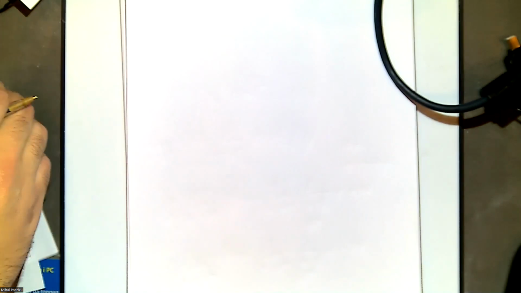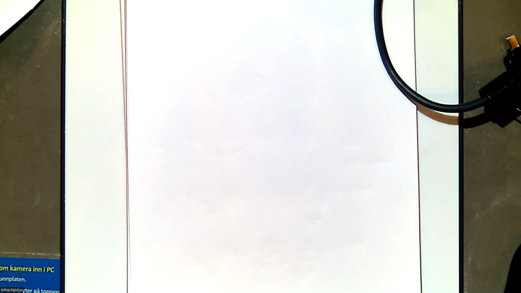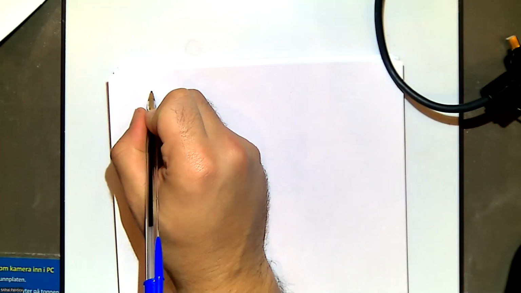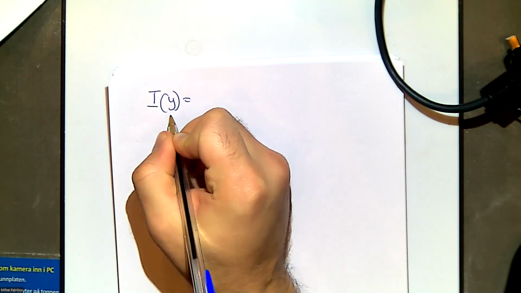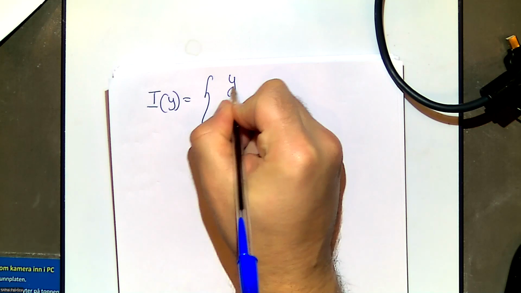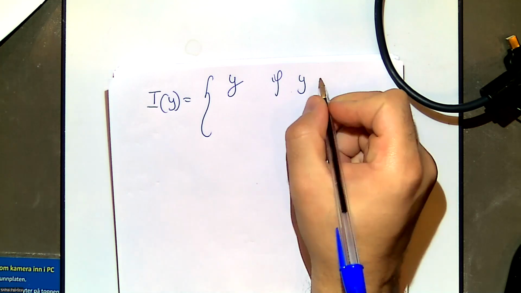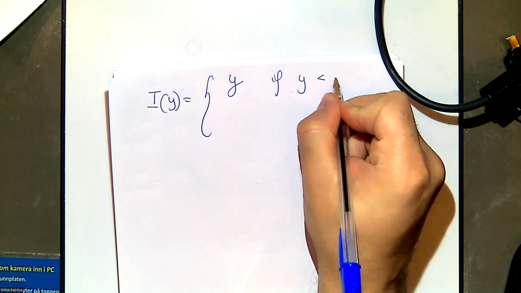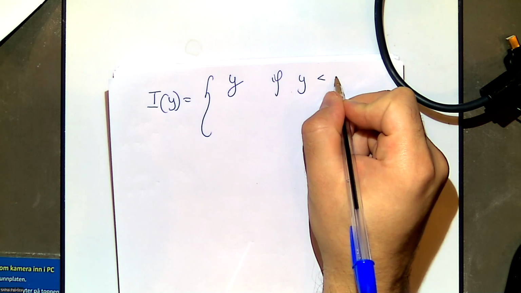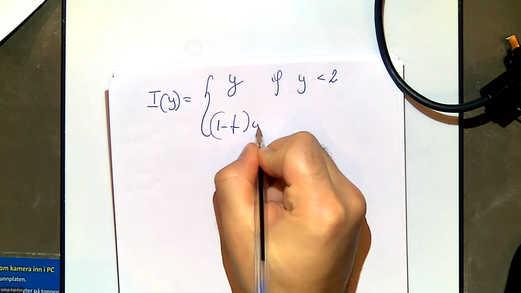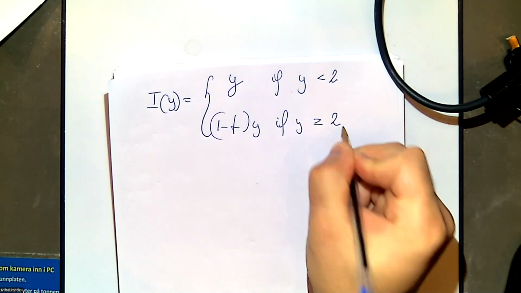So now we're going to do an example that you will have at some point in your seminars, and I think it's better to do it with me. I'll do the easy example, because you guys are better than me, and you guys are going to do the hard example during the seminar. But there are functions that look like this: I of y is equal to y if, let's just put some numbers, y is smaller than 2, and 1 minus t times y if y is greater or equal to 2.